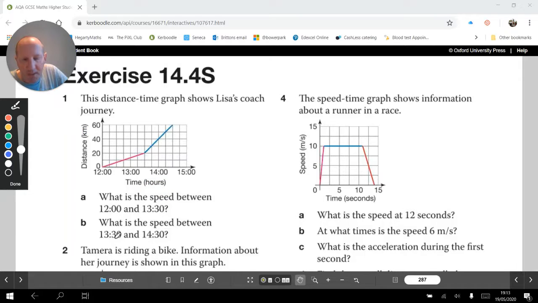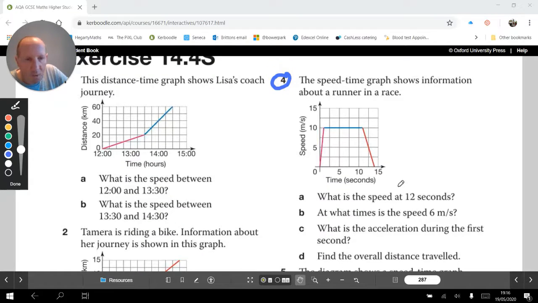What's the speed between 13:30 and 14:30? Well, that's 1 hour. So again, the change in y, which I can see goes from 20 to 60, that's 40, divided by 1, that's going to be 40. So this is steeper, we just calculated it is actually quicker, which fits in with what we were saying.